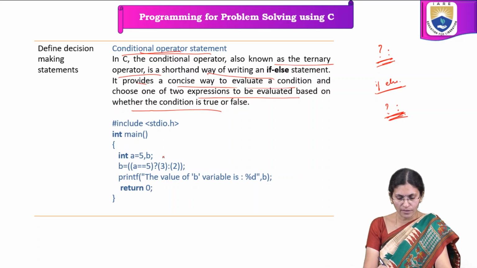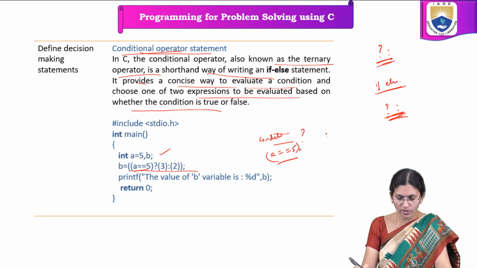For example, consider this program. Suppose we have two variables A and B. A is assigned the value 5, and this is the ternary operator, a conditional operator. Its syntax is this: first we need to write the condition. Here the condition to be checked is A is equal to 5.